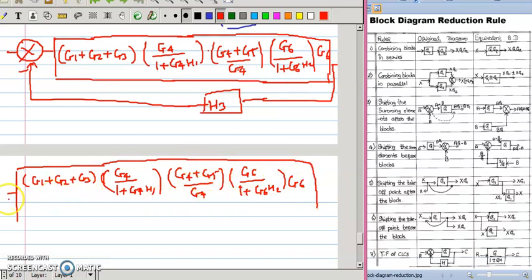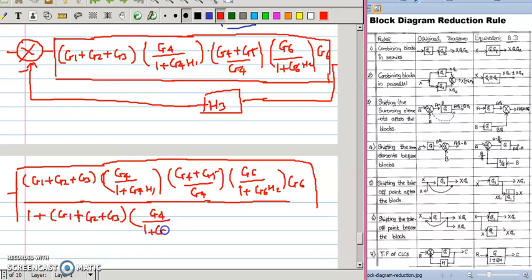Okay, whole divided by 1 plus the forward block, that is again G1 plus G2 plus G3, then G4 divided by 1 plus G4 H1, then G4 plus G5 divided by G4, right?